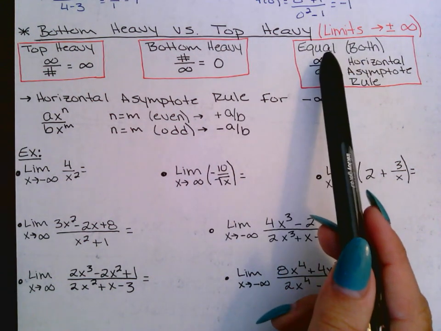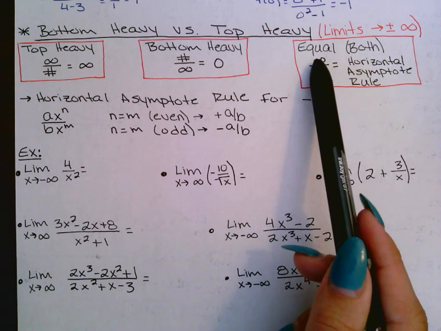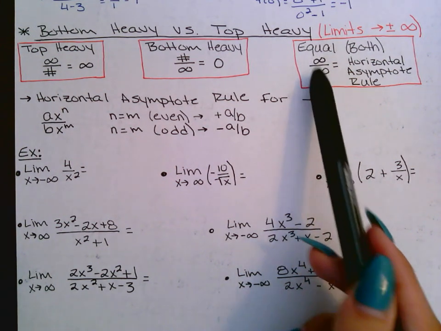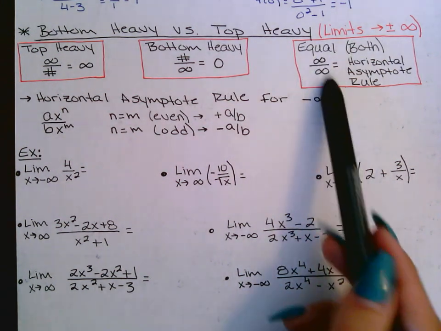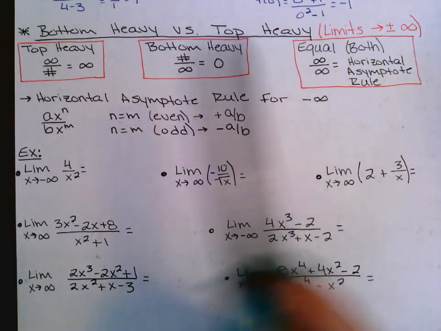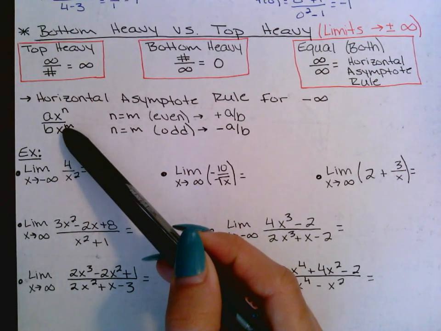But if it is equal, meaning let's say you plug in an infinity into an x squared and into an x squared, now the weight is evenly distributed, so I have to go to my horizontal asymptote rule. If I plug in positive infinities, you could just use the A over B, whatever the coefficients were.